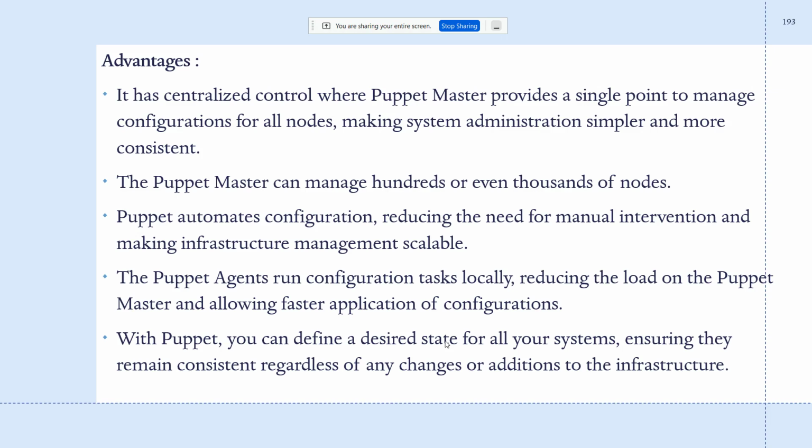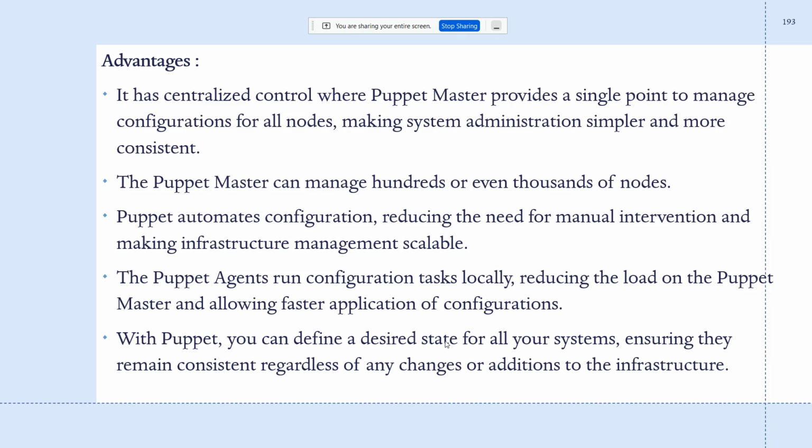Okay. So with Puppet, you can define a desired state for all your systems. For example, what is a desired state? A system needs to be run with one single server, or I should have multiple instances of the same server.